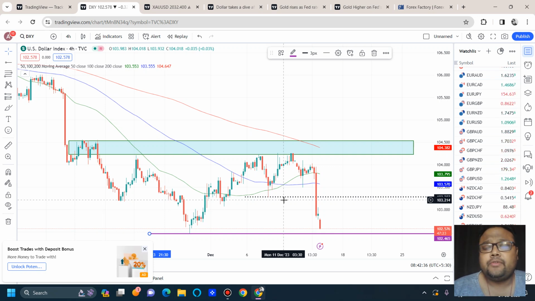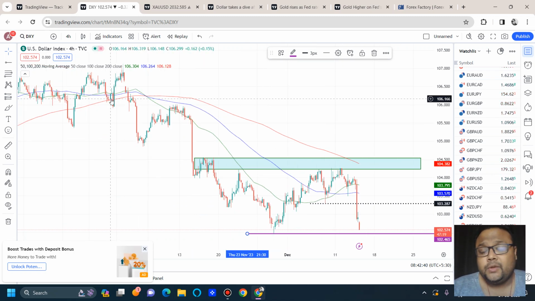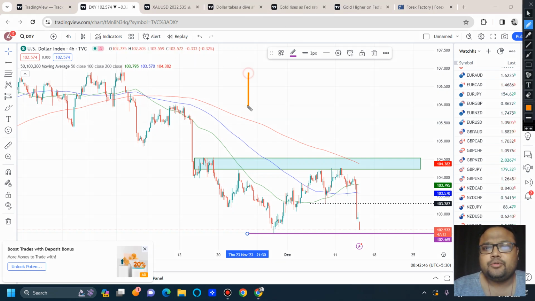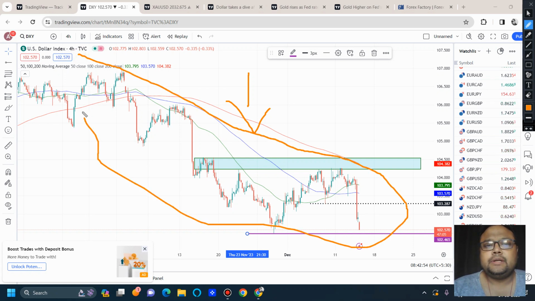DXY was showing signs of recovery, and right now we can see that DXY is continuing the downside. So right now the fundamentals are pushing dollar towards the downside. So as a result, you need to plan your trades accordingly, because right now this is the direction of the market and dollar is towards the downside.